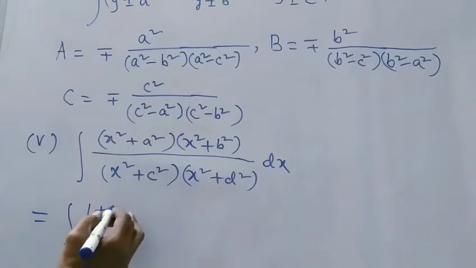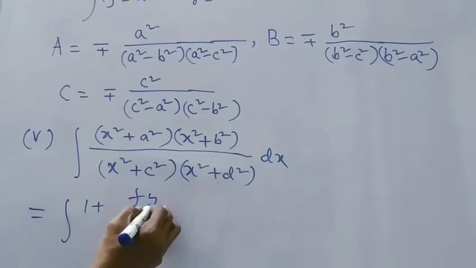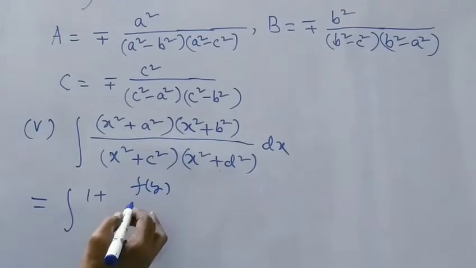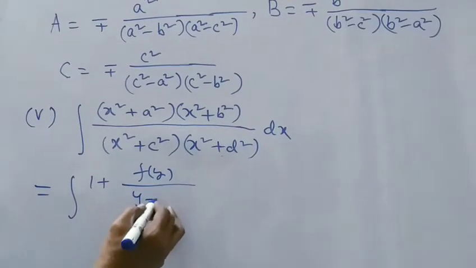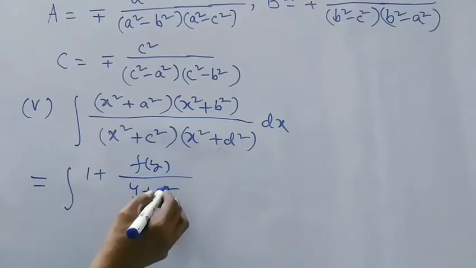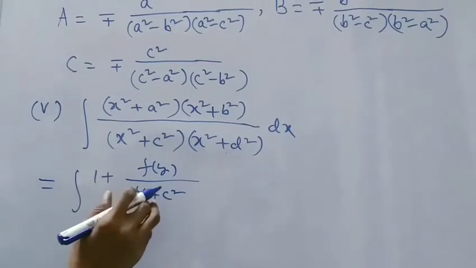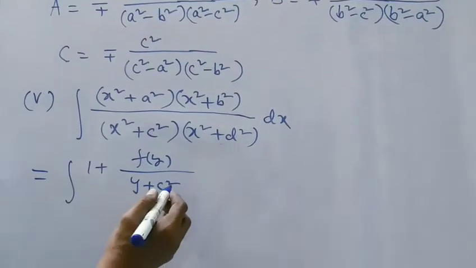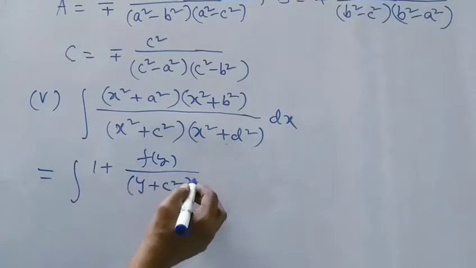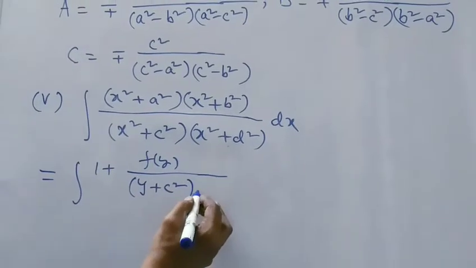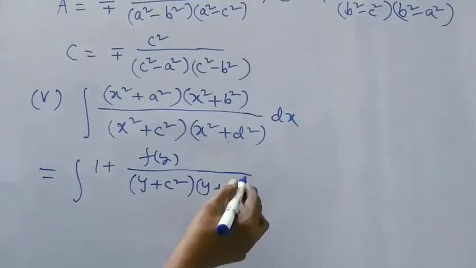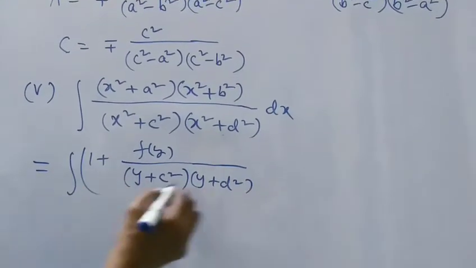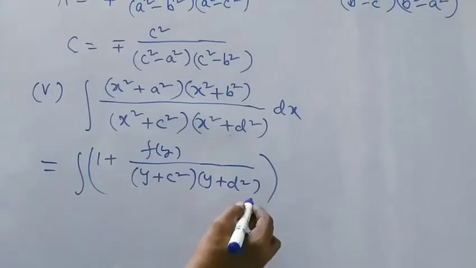So it becomes 1 plus f of y by y plus c square into y plus d square, whole dx.